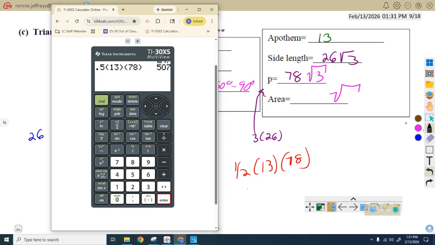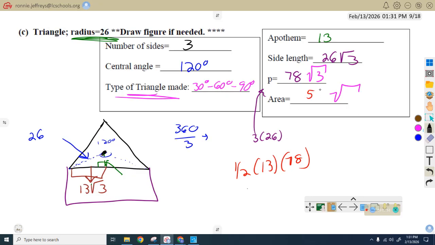All right, so this would be 507 root 3. So, yes, I know some of y'all are like, that was a lot. Notice there is a lot going on. Please do it step by step. Please don't try to rush all the way through it.